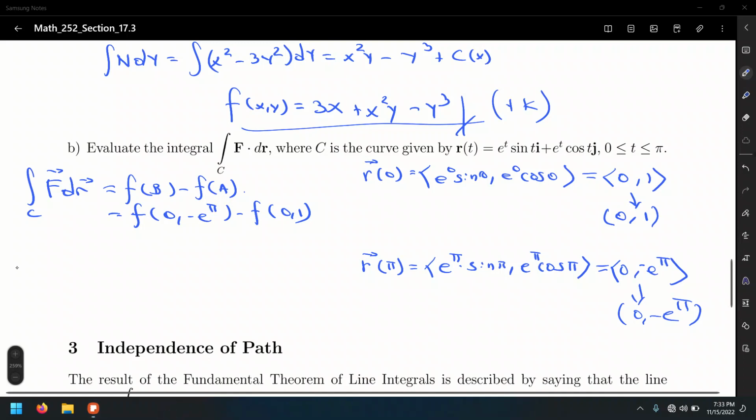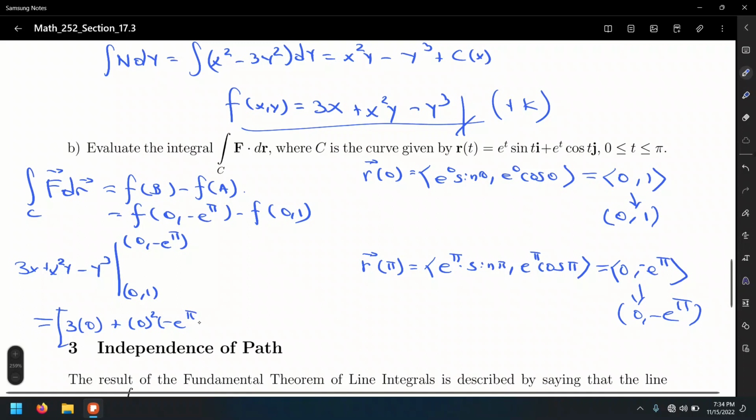So that's going to be 3x plus x squared y minus y cubed evaluated between 0, 1 and 0, negative e to the pi. Let's just use upper minus lower on the potential function here. For the upper limit, that's 3 times x, which is 0, plus x squared, which is 0 squared, y, which is negative e to the pi.